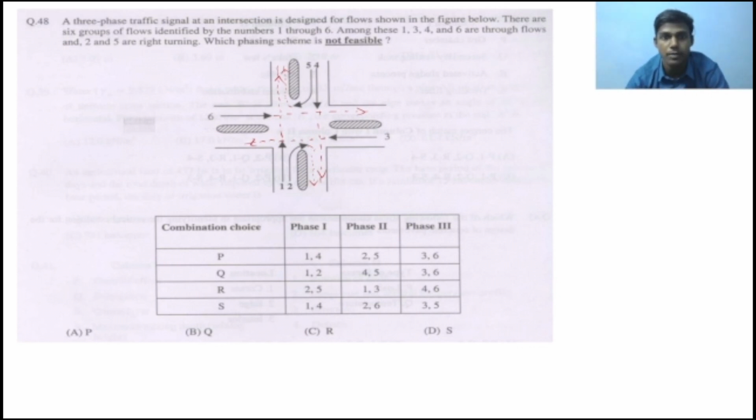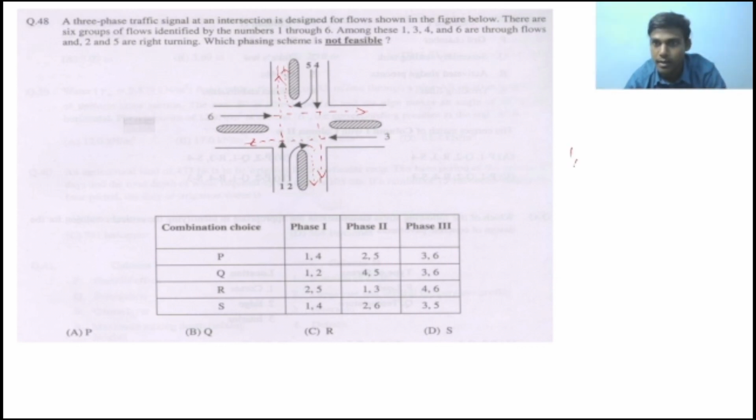If you look at this diagram, 1 and 3 can't move at exactly the same time. If the vehicles at 1 and 3 move simultaneously, there is a risk of accident because there is a crossing here.